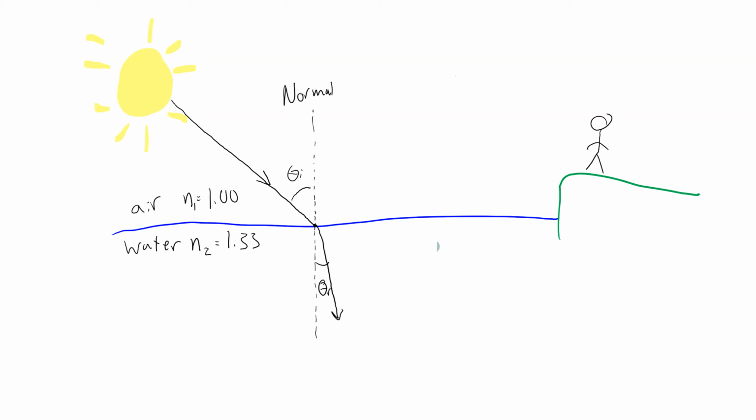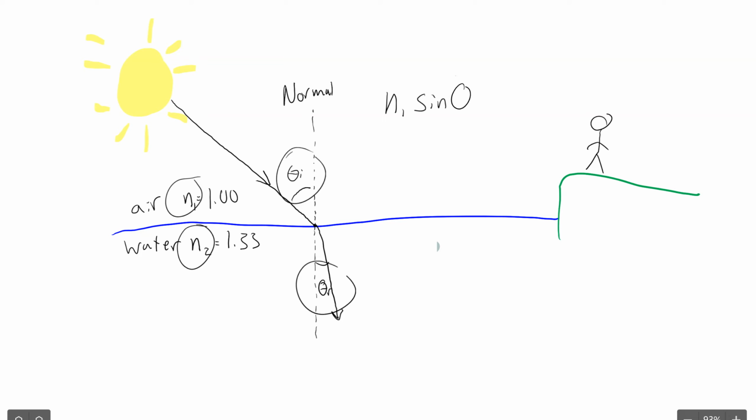What else with this? Okay, so now we have two different N's, and we have two different angles, and Snell's law is all about this. N1 sine theta 1, the incident angle, is equal to N2 sine theta 2, or the refracted angle over here.